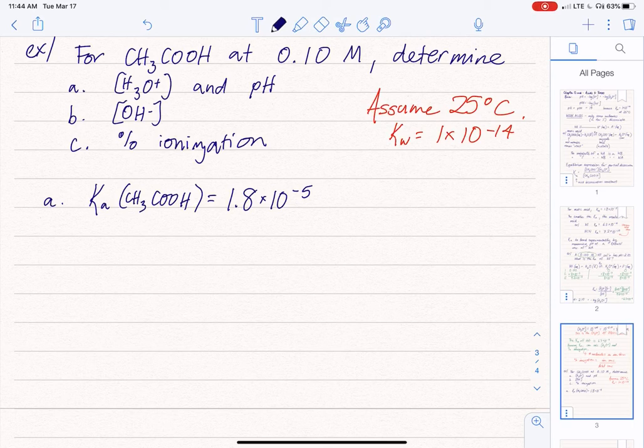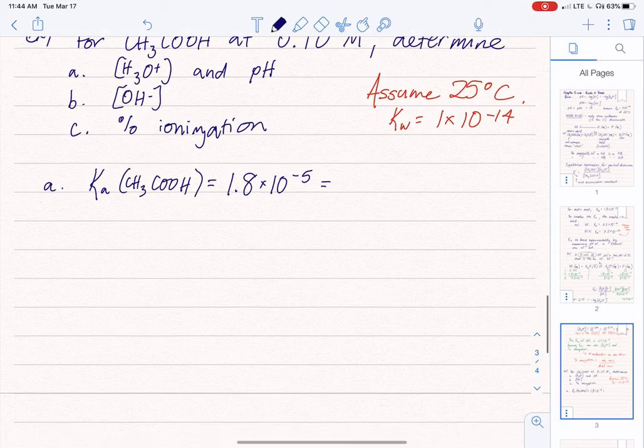Your book has tables of the Ka values in the appendix, and there are also some example values within the chapter. As you're doing practice problems on the OWL system, you can even access Ka tables in OWL. So I want to figure out what the Ka for acetic acid is going to be.